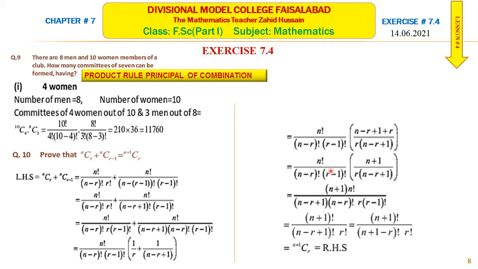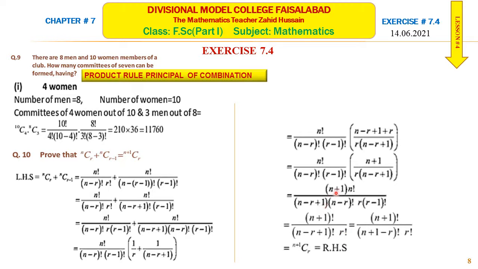Now multiplying this and this, we get (n plus 1) into n factorial. In the denominator, (n minus r plus 1), this one, (n minus r) factorial, this one, r and (r minus 1) factorial. In the numerator we can write this as (n plus 1) factorial, and this is (n minus r plus 1) factorial, because the larger number of these two is n minus r plus 1, and from here r is the larger of these two, so we get r factorial.